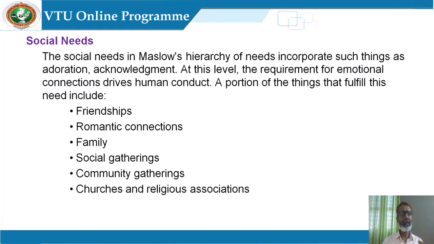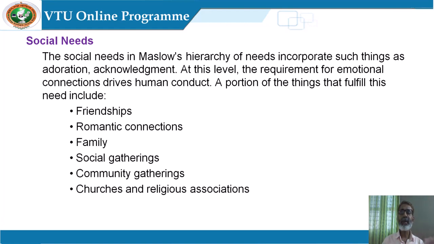It depends on the society where you are living and what kind of religion you are following. But ultimately the third level needs, according to Maslow, is that you try to be one amongst the society, because your safety needs are met now.